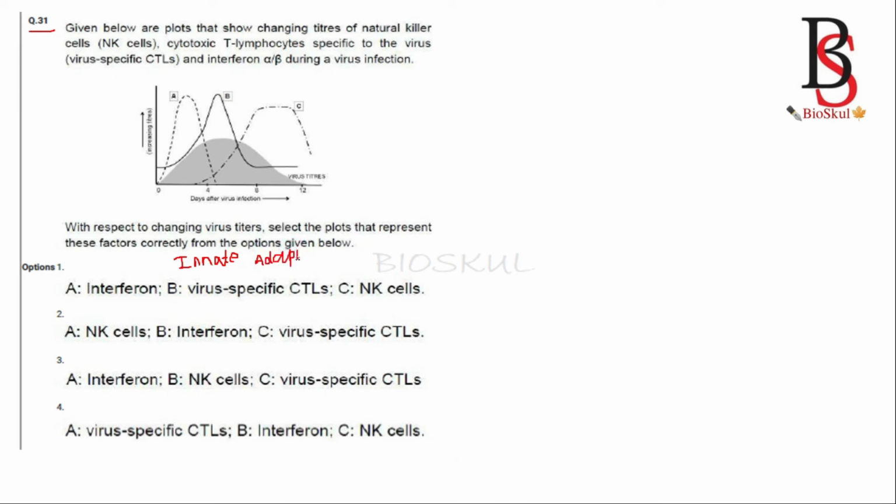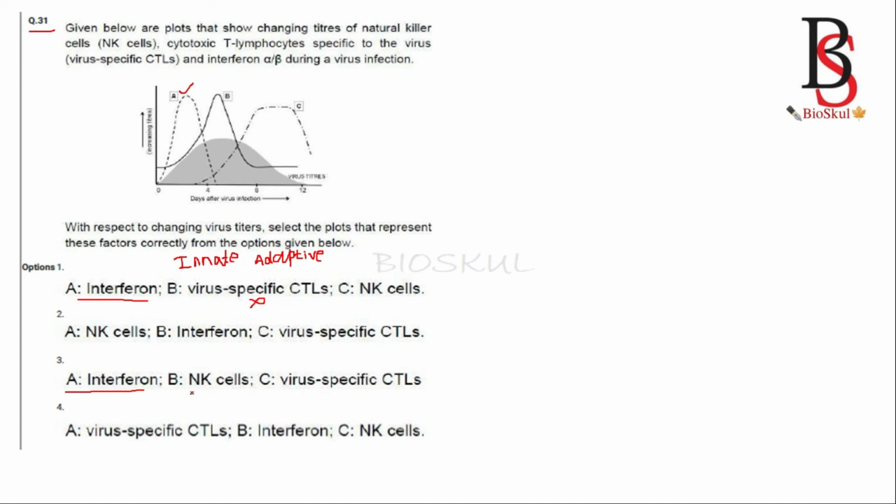So if there is a virus infection, then first non-specific cytokines, that is interferon, will be released. So A represents the interferon. So the correct answer may be option 1 or option 3. Then non-specific cells will come into play. The virus-infected cytotoxic T lymphocyte is the specific cell, so this option is wrong.